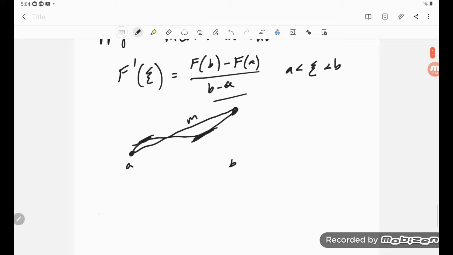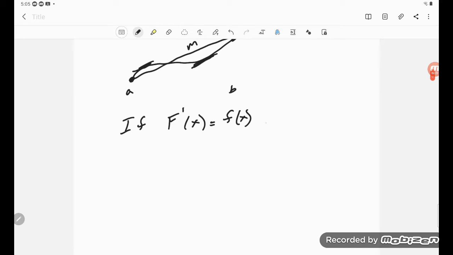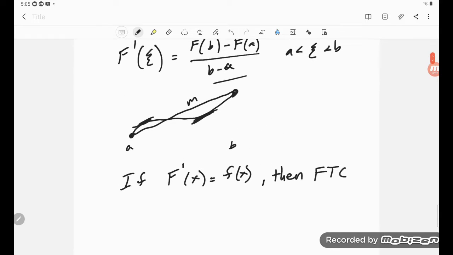Now, if I say that F prime of x is equal to lowercase f of x, that's why I use the uppercases there, then the fundamental theorem of calculus that we also learned in Calculus 1 would say that this derivative, so here I'm just going to switch to that notation, so I get f of c is equal to, now uppercase F of b minus F of a, using the fundamental theorem of calculus, right?